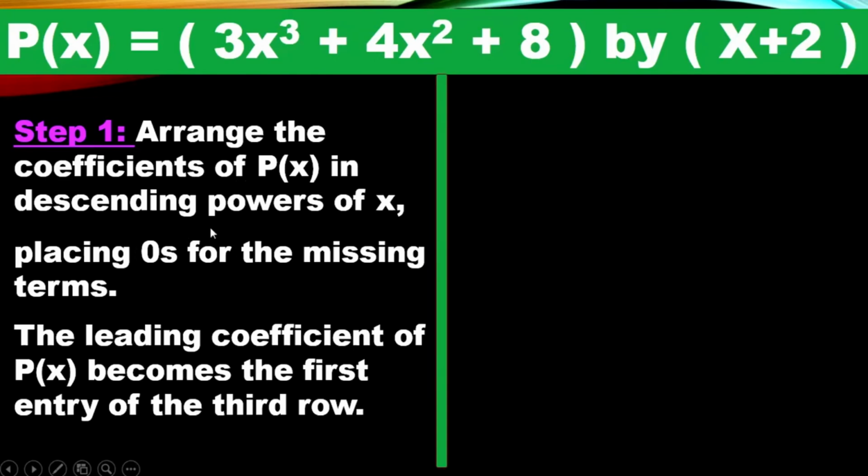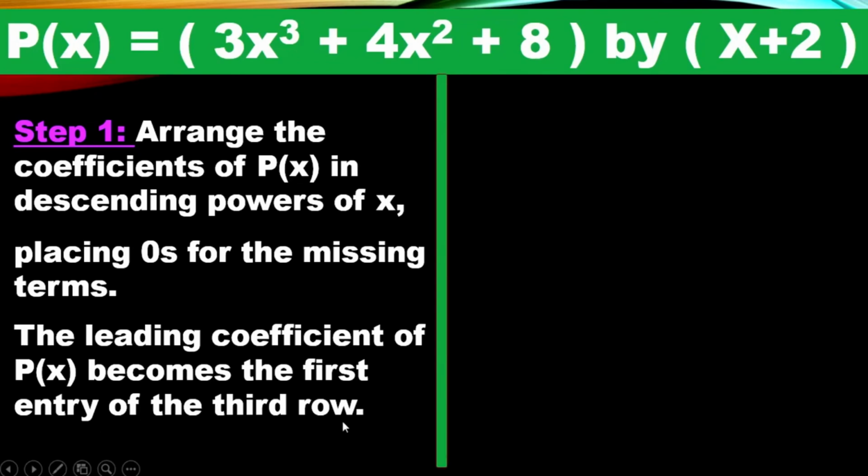Okay, step number 1, arrange the coefficients of the polynomial p of x in descending powers of x. Meaning, i-arrange natin yung polynomials natin mula sa may pinakamataas na exponent pababa. Then, placing zeros for the missing terms. Or mag-a-assign tayo ng 0 doon sa nawawalang term.